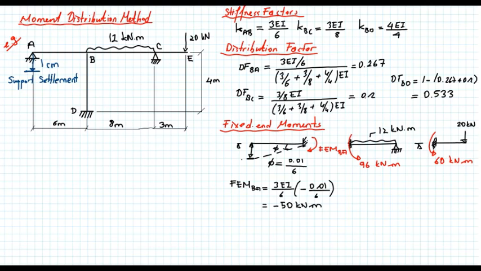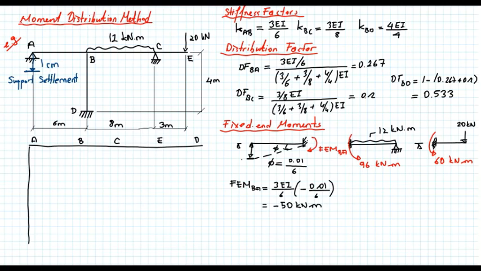Let me write it right here. So this is point A. I got point B here, C, E, and I'll just show D in here. That's D. So let me show the distribution factors first.